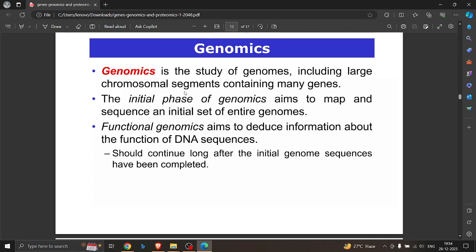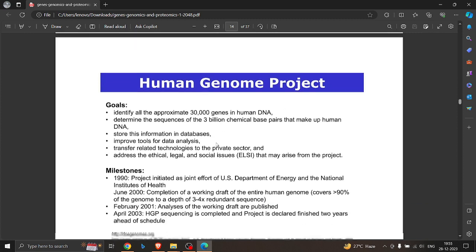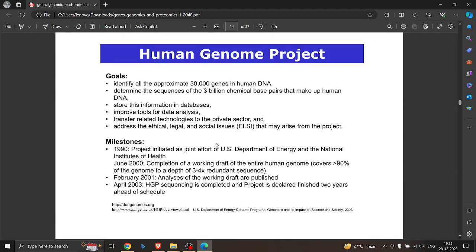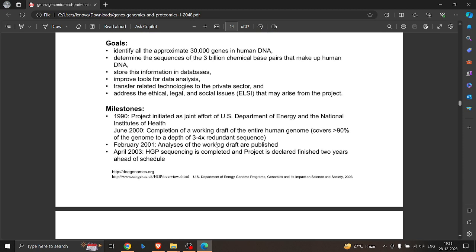The initial phase of genomics aims to map the sequence of the entire genome. Functional genomics aims to deduce information about the function of DNA sequences. This is a small slide on the human genome project, its goals and milestones.